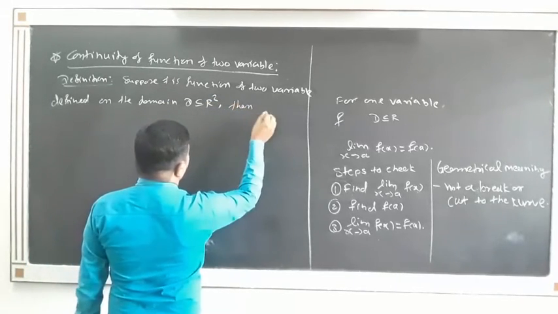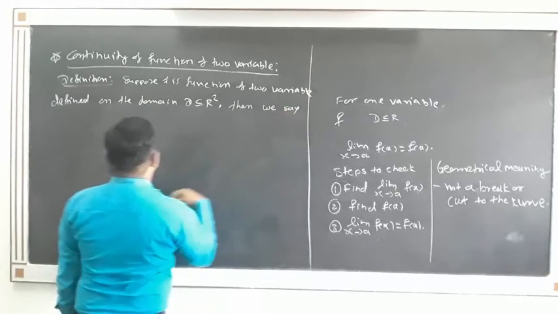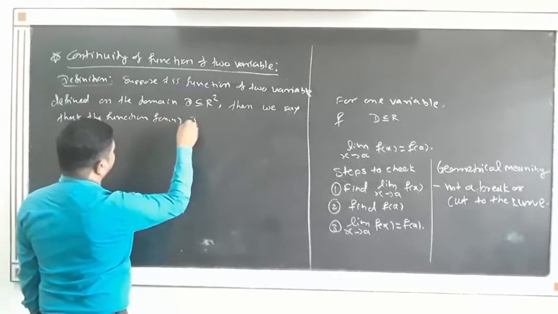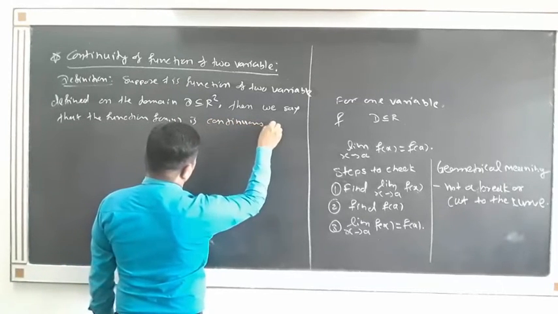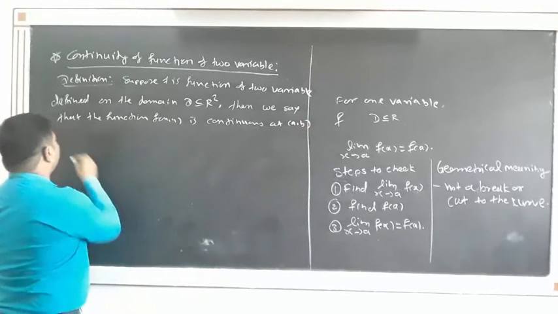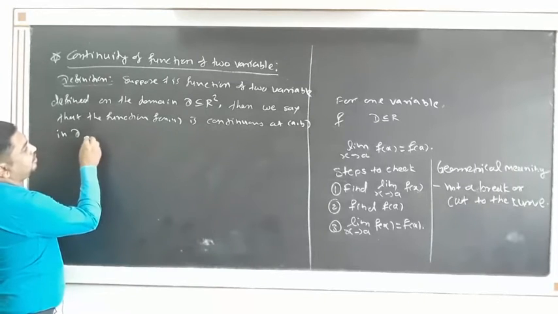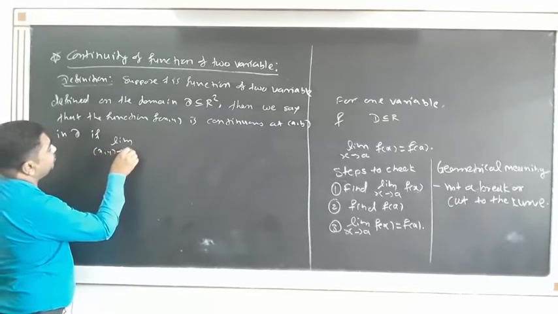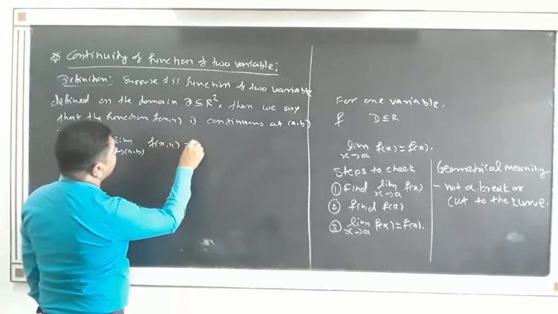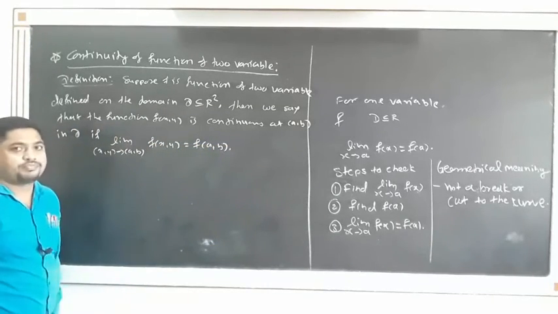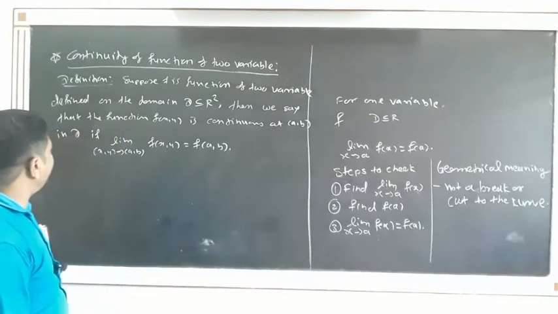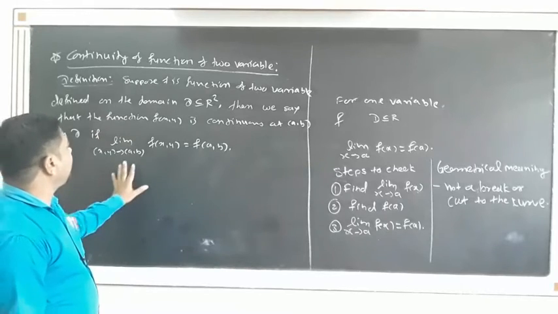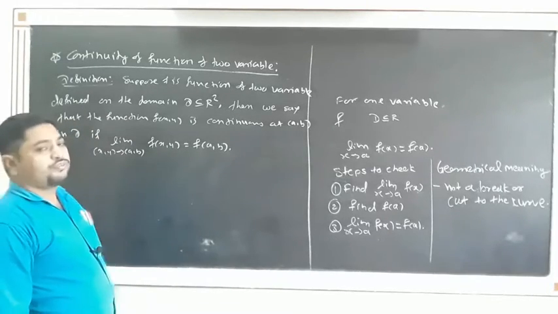Then we say that the function f of xy is continuous at (a, b) in D if limit of (x, y) tends to (a, b), f of xy is equal to f of (a, b). So f is any function defined in the domain D subset of R square, and we say that the function f of xy is continuous at (a, b) if the limit of f of xy is equal to the value f of (a, b).